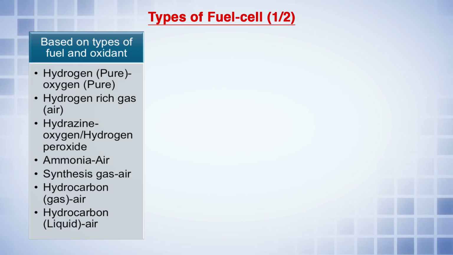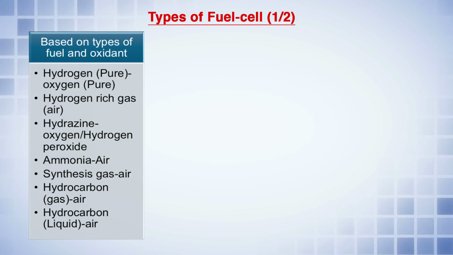Based on the fuel and oxidant, we have these types of fuel cell. The first type is when pure hydrogen and pure oxygen are used as fuel and oxidant. The second is hydrogen rich gas, and another is hydrogen and hydrogen peroxide. Next is ammonia and air.